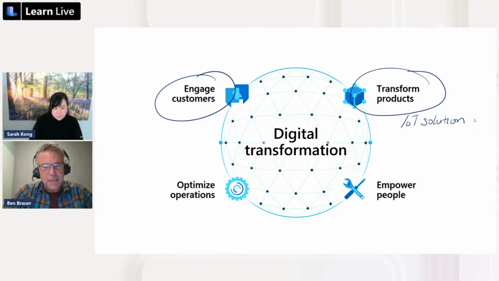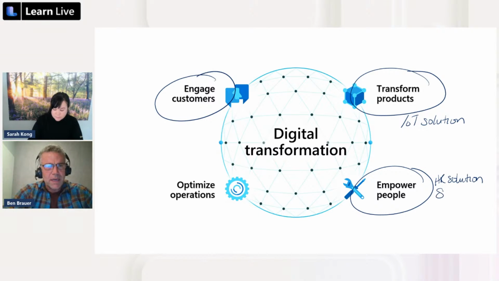Further down, you may want to empower your people. That could be an HR solution that makes it much easier for them to interact with the systems you already have in place, or a SaaS-based solution hosted somewhere in the cloud, not in your data center. These are different ways to empower people.